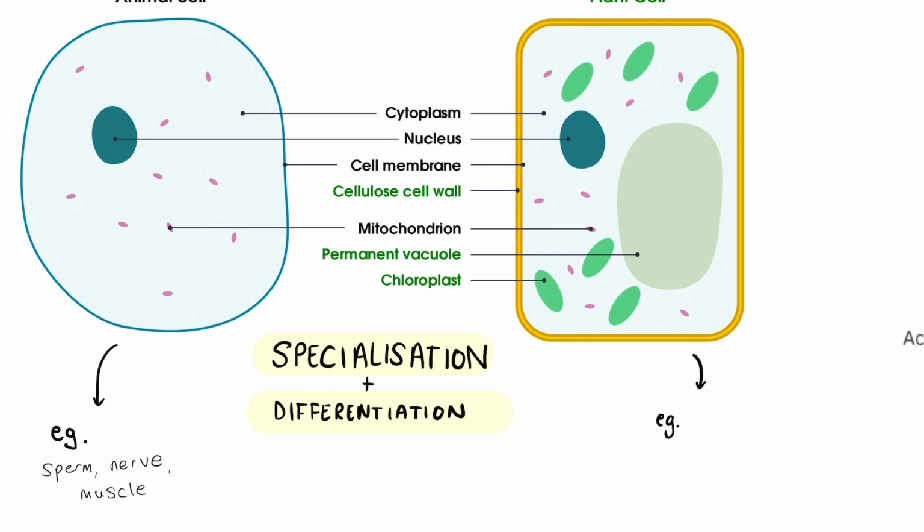And root hair cells, xylem and phloem cells are examples of plant cells. Root hair cells are very specialized as the hairs increase the surface area, allowing for more water absorption in the soil, which is very useful for plants. And xylem and phloem have their own adaptations.